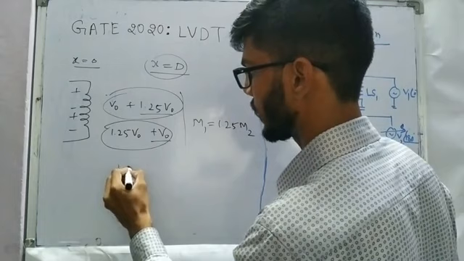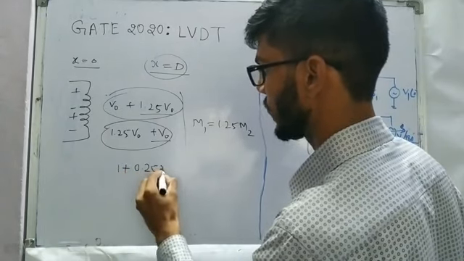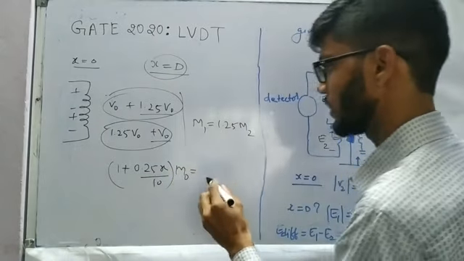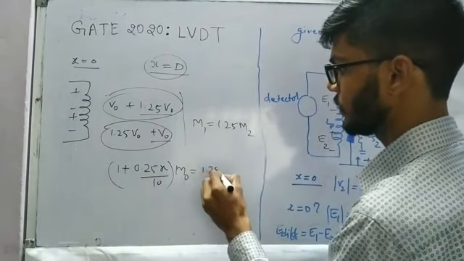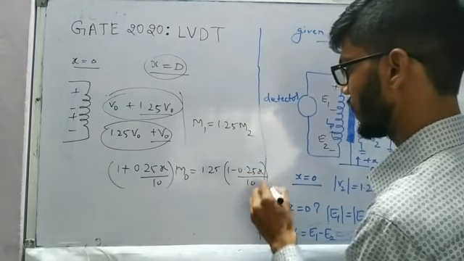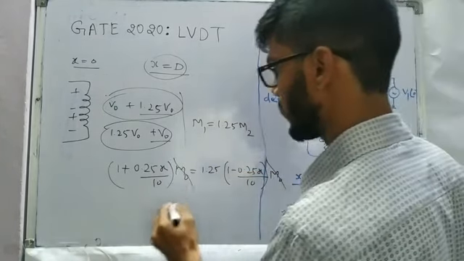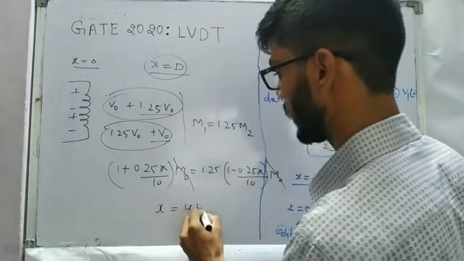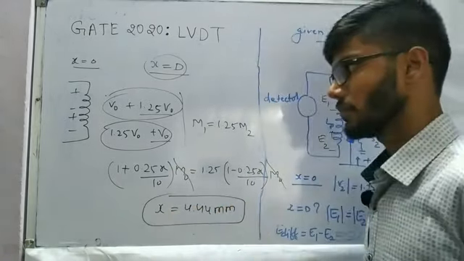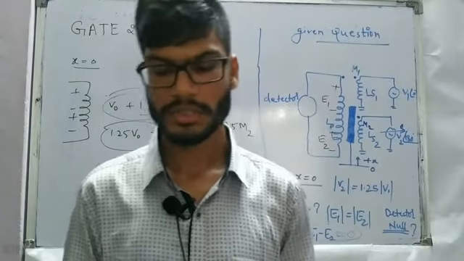M1 we had derived as 1 plus 0.25 times x by d into M0 in the case of upward displacement, which is going to be 1.25 times 1 minus 0.25 x divided by 10. This is the same expression we calculated, x equal to 4.44 mm. So that's the basic idea about this question.